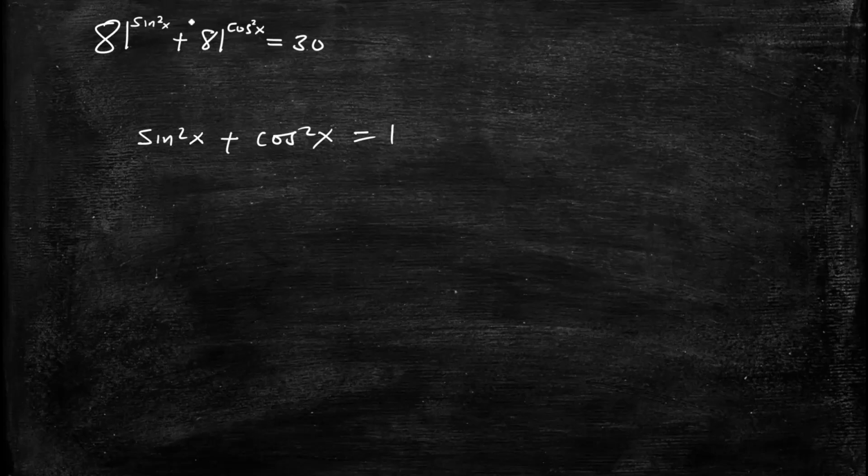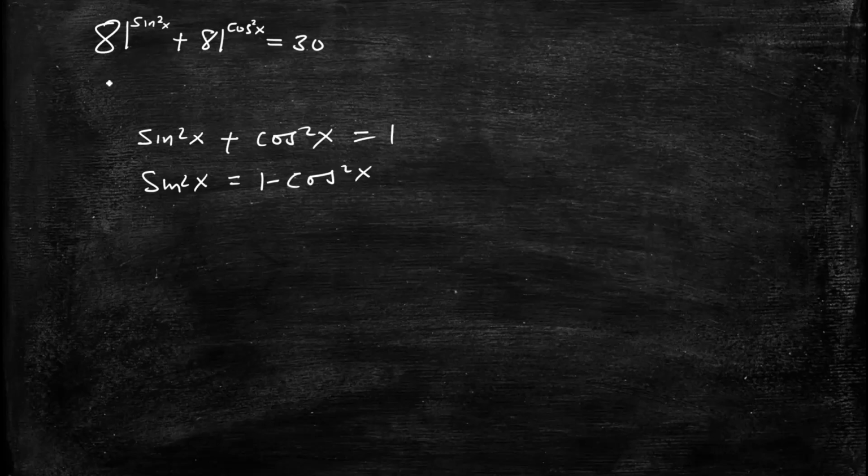Now you can choose to make one the subject and substitute. So let's pick sine squared x. We can make this one the subject, then substitute it here. So I can say sine squared x is the same as 1 minus cos squared x.